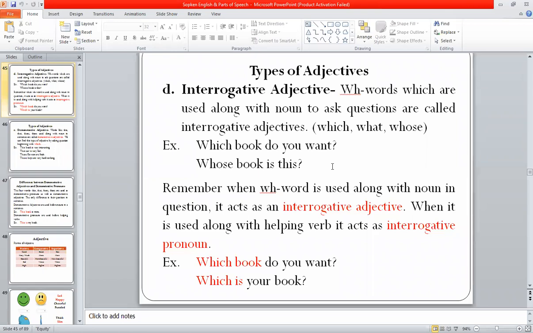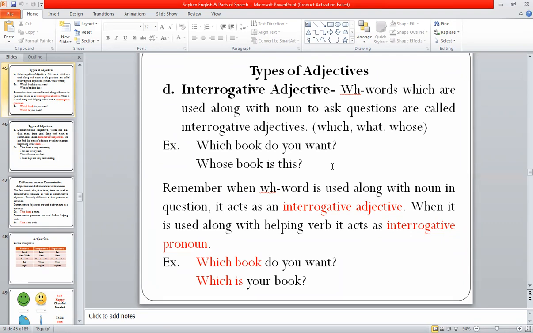Interrogative adjectives are the words starting with a WH word. Very simple trick to find out interrogative adjectives.